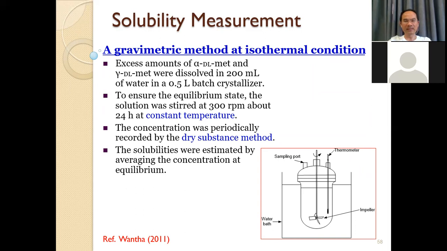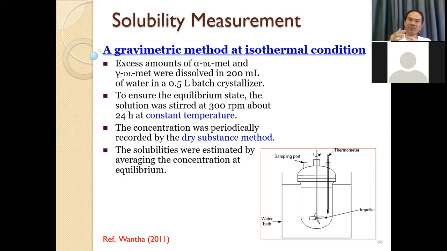We have many techniques that use solubility measurement. The solubility means the maximum amount of solid that can be dissolved in the solution or in the liquid. For example, if you would like to dissolve sugar in water at 20 Celsius, there is only a maximum amount of sugar that can be dissolved at 20 Celsius.